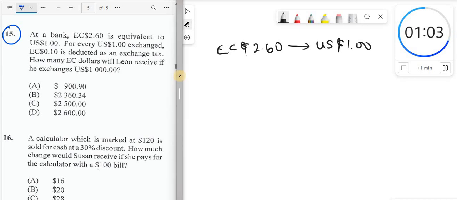So they're charging these people for exchanging the money. When exchanging your US to EC, you're going to be taxed. So for every US dollar you exchange, they're taking out EC 10 cents.